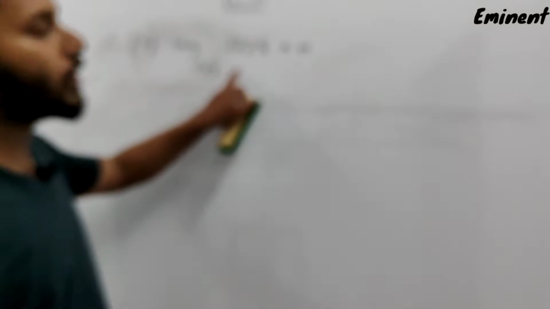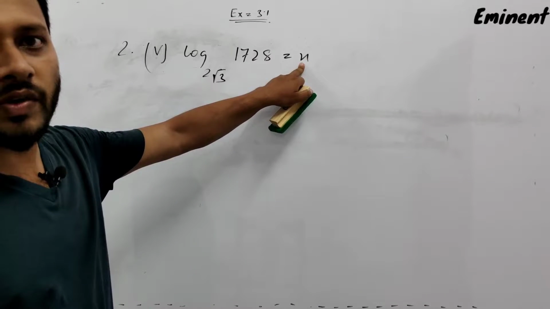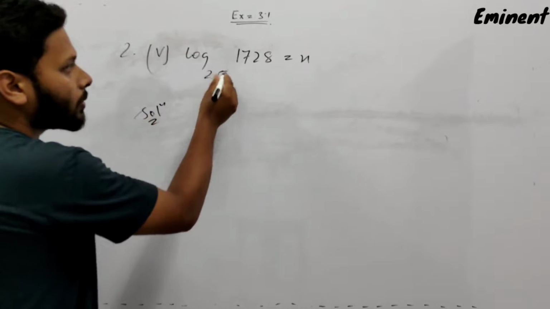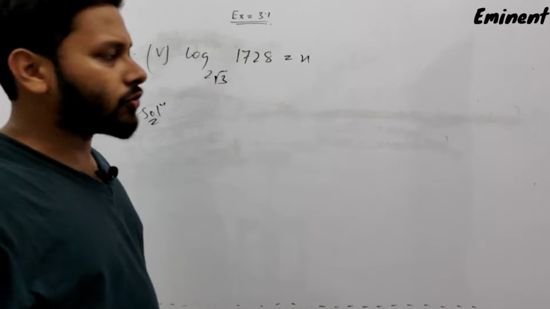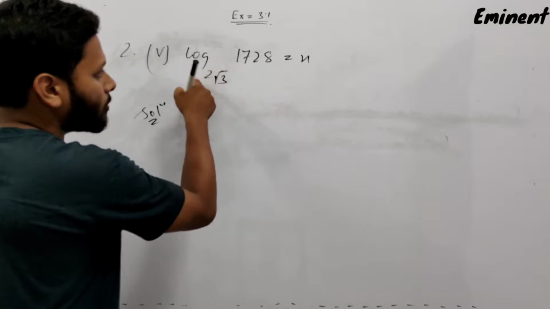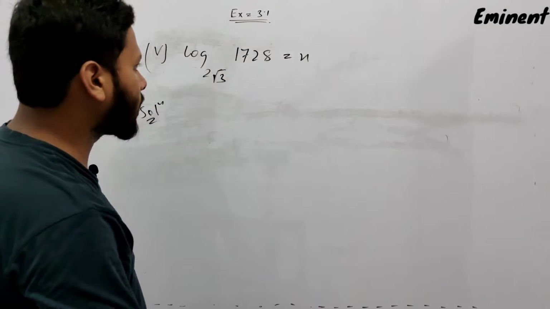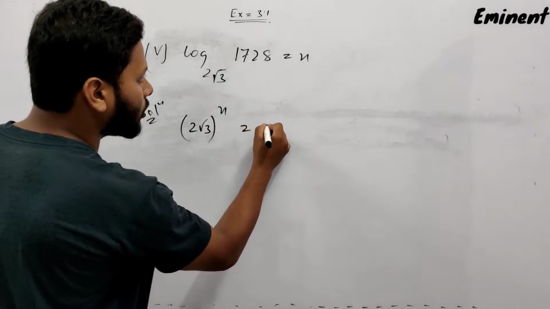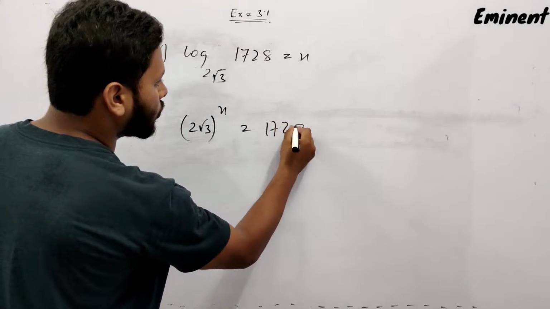Here we need to find the value of the exponent. So this is our exponent and we have to find the value of x here. So let's solve it. Similarly we will apply the definition of logarithm. If we apply the definition of logarithm, it can be written as what? This is our base and this is our exponent. So it can be written as 2 root 3 whole to the power x will be equal to 1728.